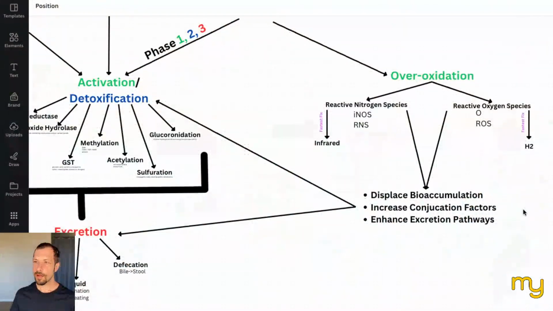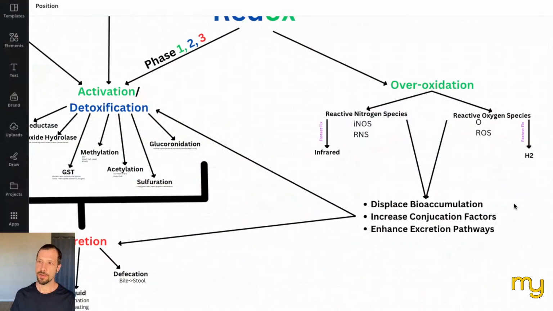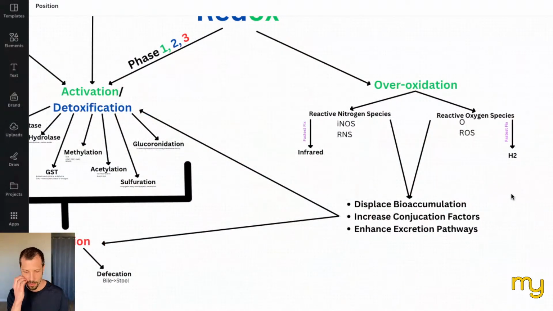Now, when we talk about displacing bioaccumulation, what does that even mean? Bioaccumulation is when your body takes on foreign substances and xenobiotics. You accumulate all these biotoxins. So bioaccumulation essentially is the acquisition and accumulation of biotoxins.